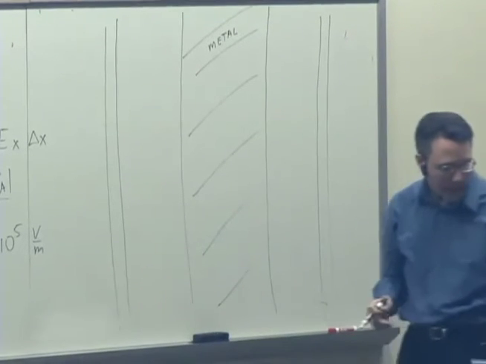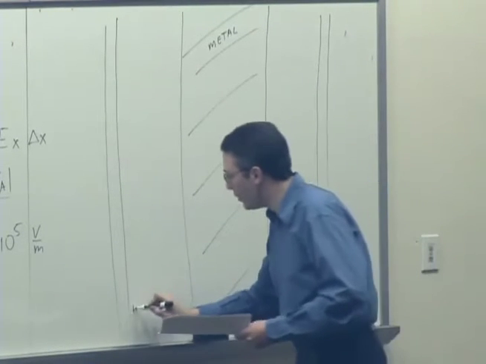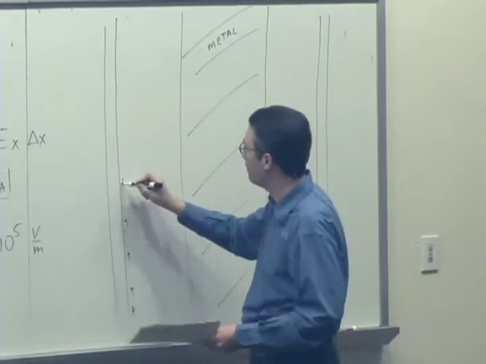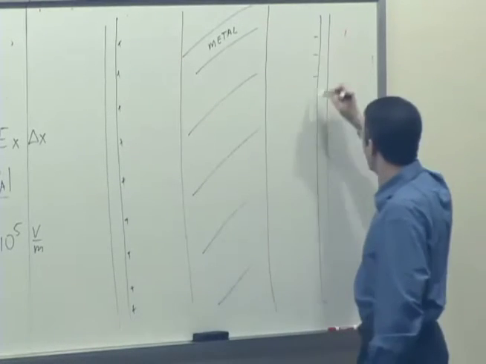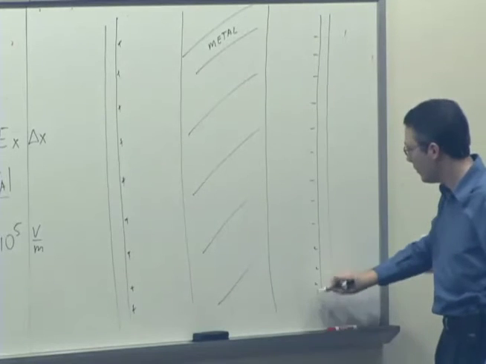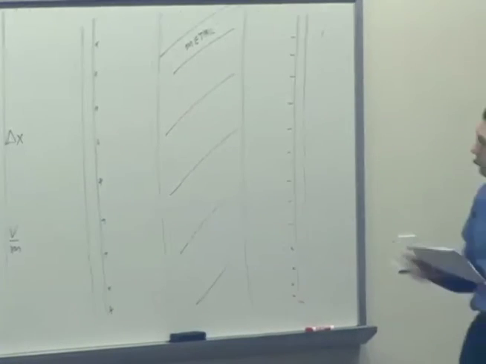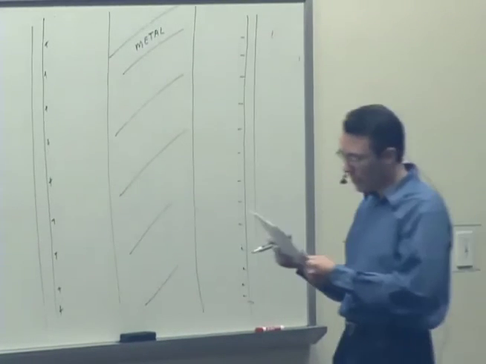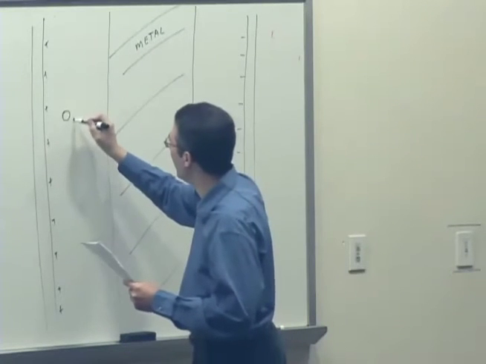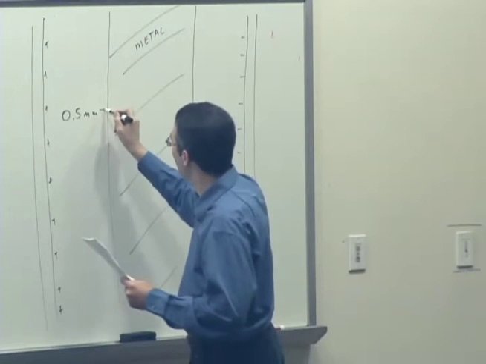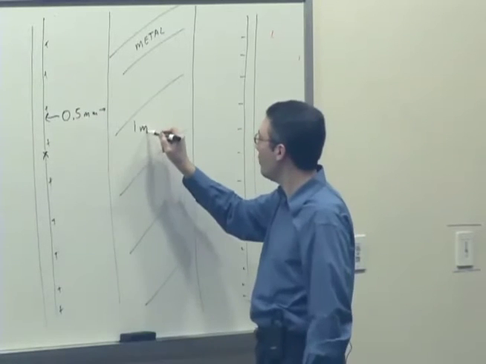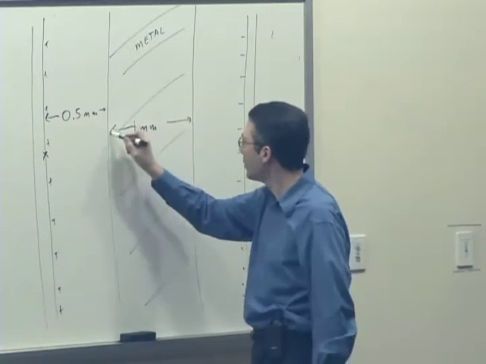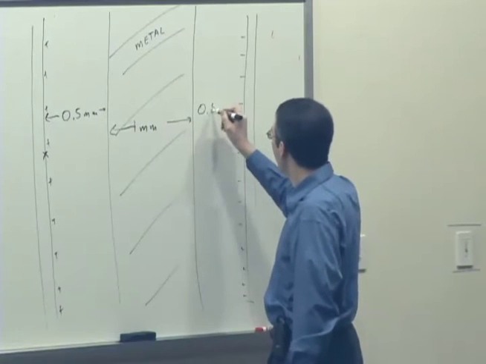Okay, and so this plate is still positive. This plate is still negative. And let's say this is 0.5 millimeters from A to this surface of the metal. This is a 1 millimeter thick metal slab, and this is another 0.5 millimeter.